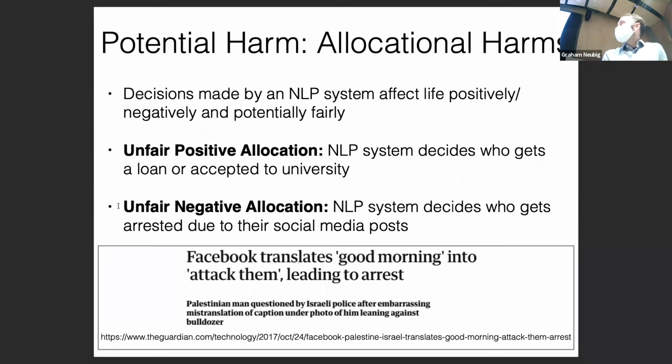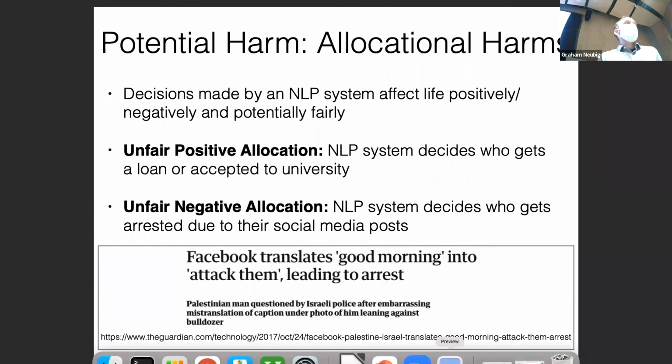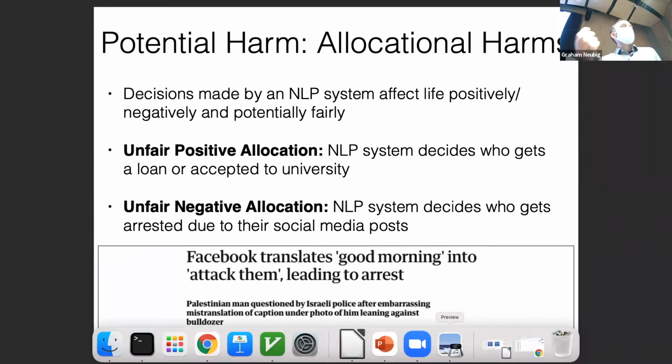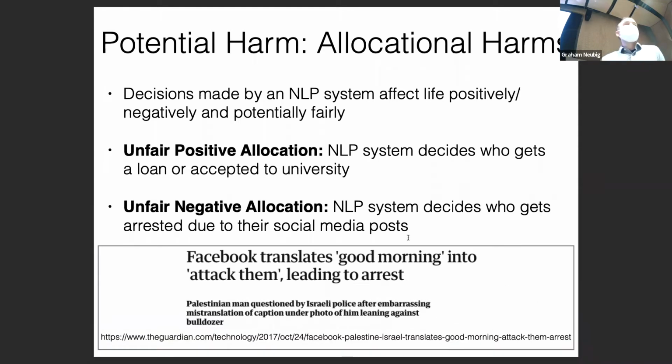On the other hand, there's also unfair negative allocation, or unfair allocation of negative utility, which is basically an NLP system deciding who gets arrested due to their social media posts. And this is a real example where somebody was posing by a bulldozer and said good morning in Arabic, and that was translated into "attack them."